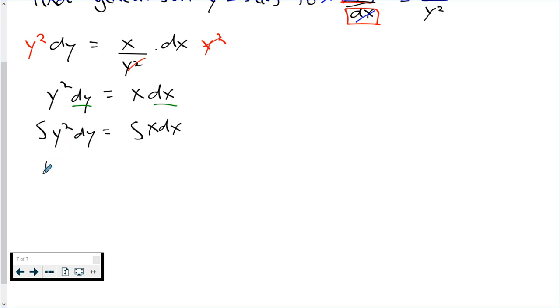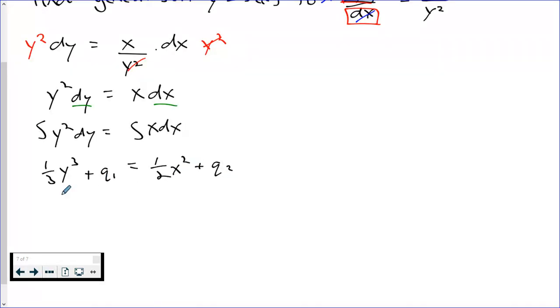That's going to be 1/3 y cubed. And since it's an indefinite integral, it's going to be plus some constant. I'm going to call that plus q1. I'm just using weird notation for constant, okay? Equals the integral of x, which is going to be 1/2 x squared, plus some other constant, q2.